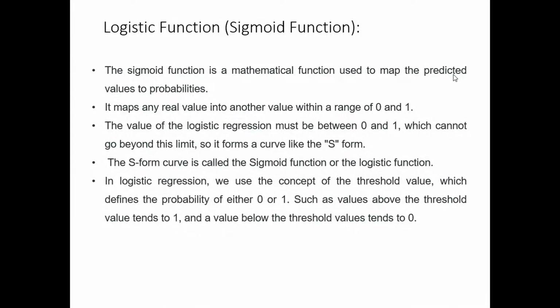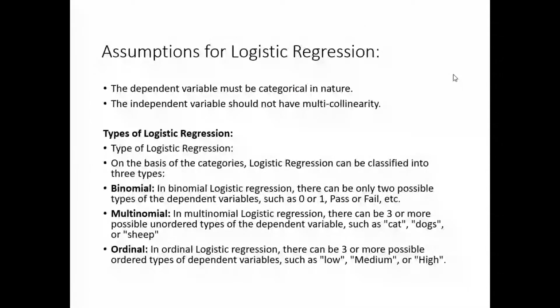On the y-axis there will be a 0 to 1 probability value, and to map on that there will be a sigmoid curve. Those predicted values will be mapped on the sigmoid curve, and that will map indirectly onto the probability value on the y-axis. Right? That's what we have learned from the graph as well as from the explanation. And that is the sigmoid function, a mathematical function that is used to map the predicted value to probabilities.